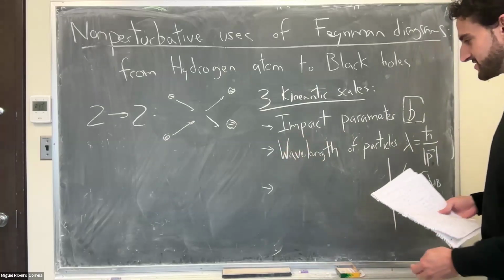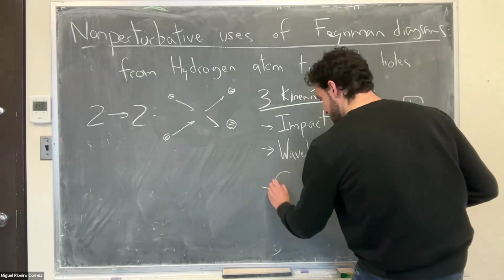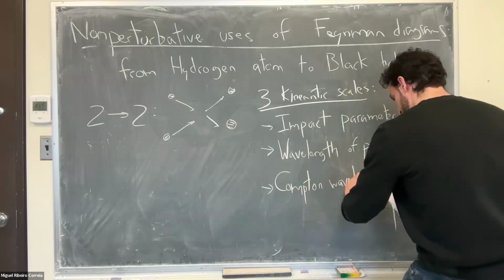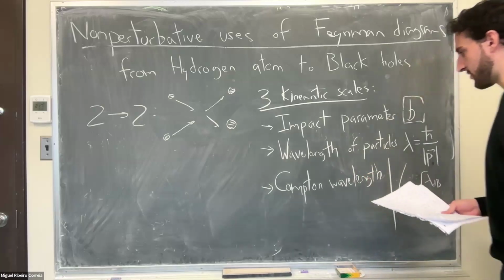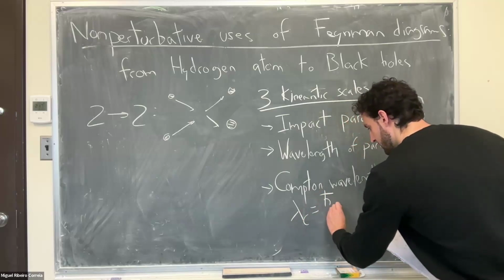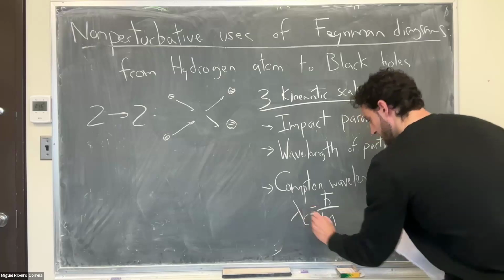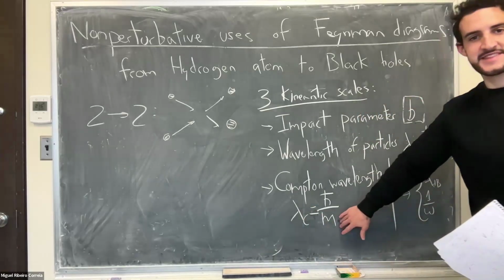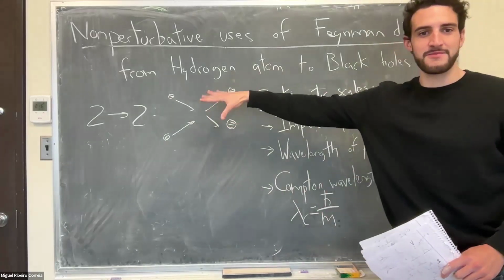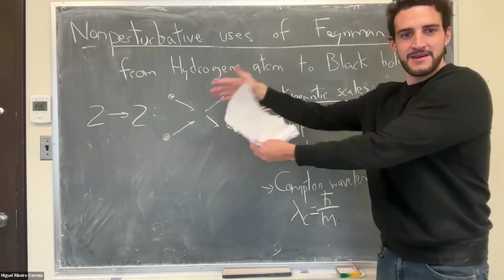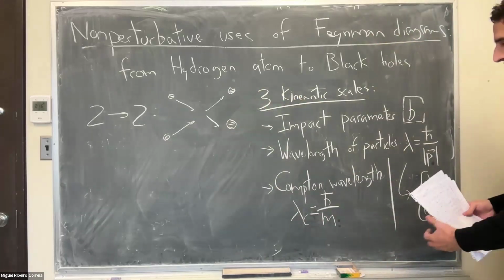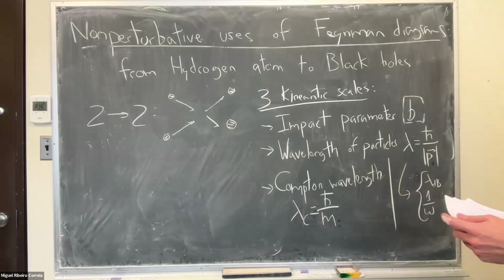And the third one is only present in QFT, which is the Compton wavelength, lambda c equals h bar over m, where m is any mass that can appear in the QFT. It can be the mass of the particles, or the mass of some virtual particle that is not a state you're scattering, but can appear in the QFT. So this Compton wavelength matters in that context.